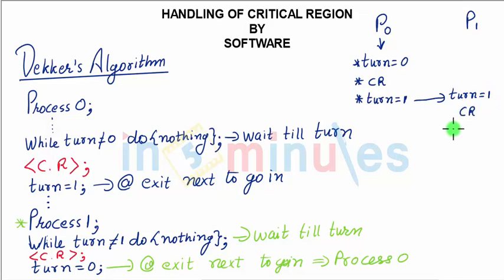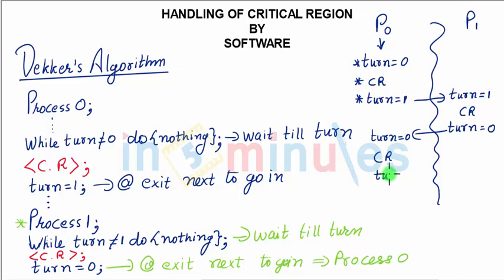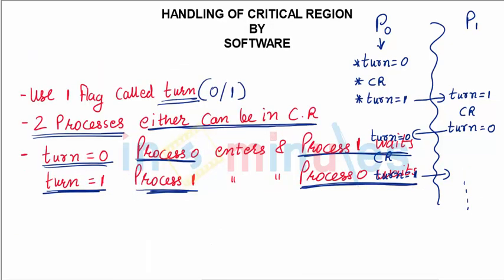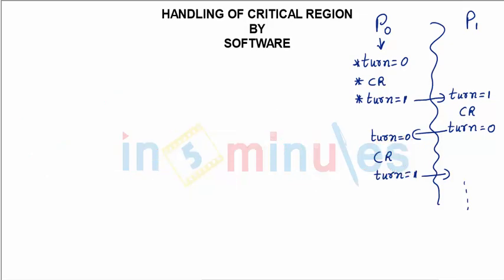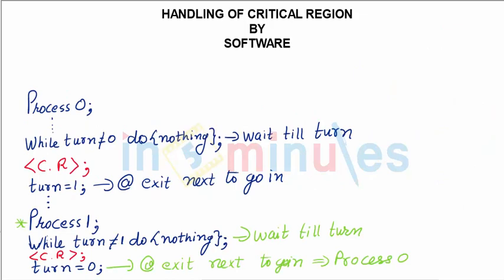Now it will access the critical region and at the time of exit it will further make turn equal to 0, which will transfer control back to process 0, which will now again start with turn 0. It will access the critical region and make turn 1, and again this will come and so on would happen. So as we have already said earlier, two processes, either one can handle. Turn 0 means process 0 will enter, turn 1 means process 1 will enter. So this is the algorithm in a fairly simple manner.